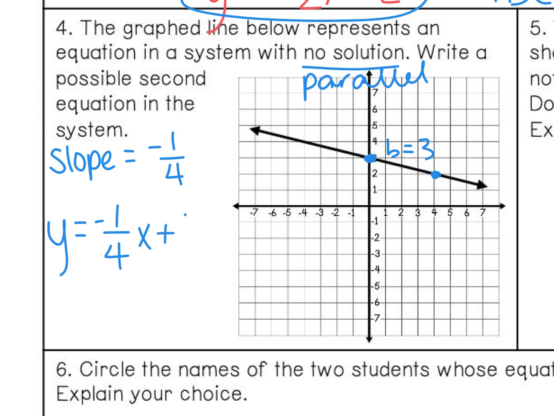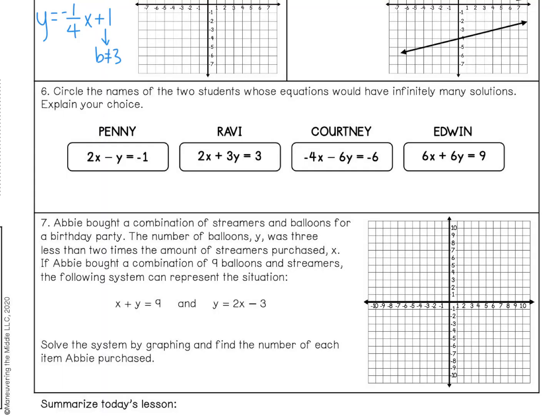Negative 1/4 x plus 1. Any negative 1/4 x, as long as this b does not equal 3, you can put any equation you want. So on this one, after you convert them, you should get Ravi and Courtney because infinite solutions means that they are identical.